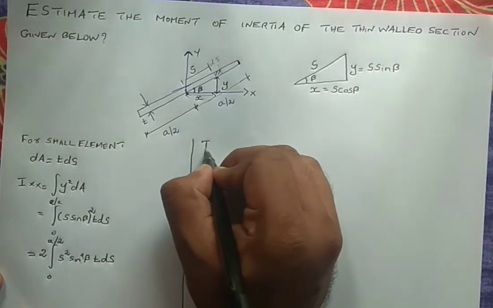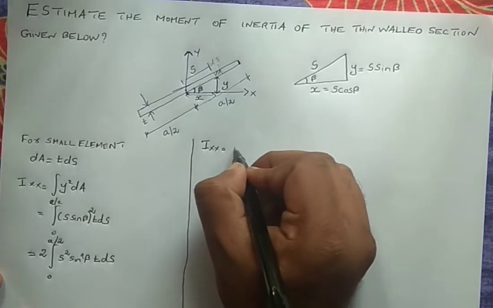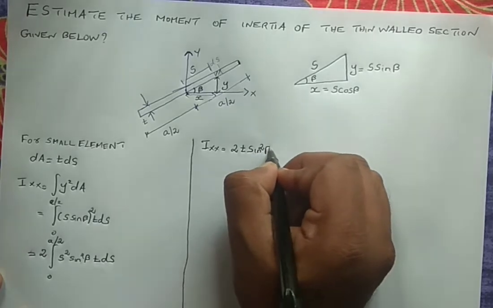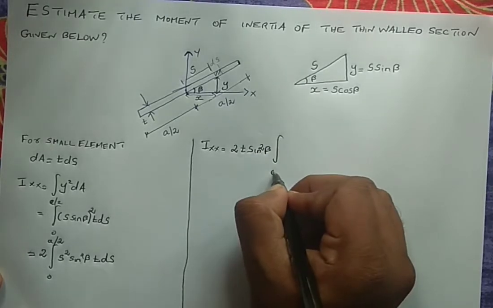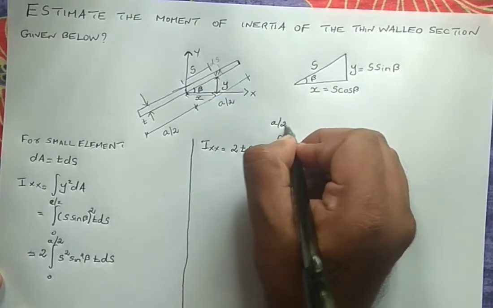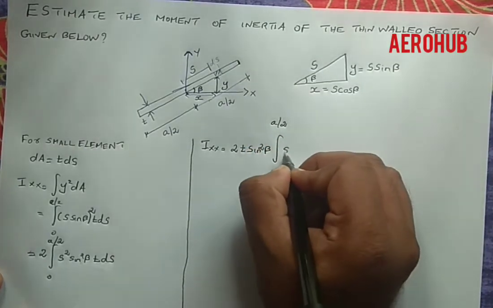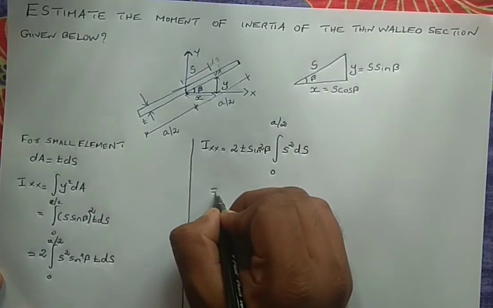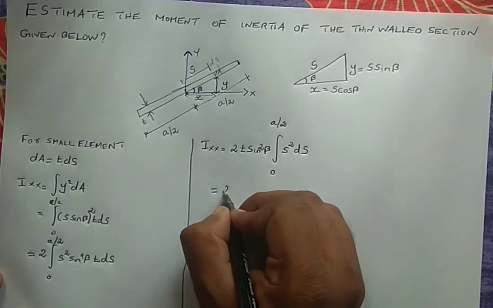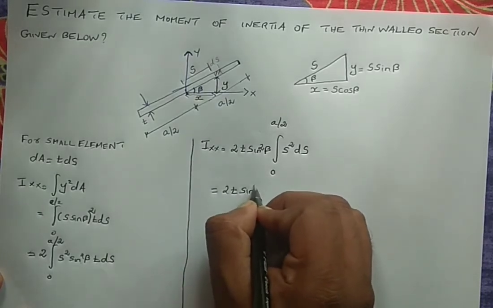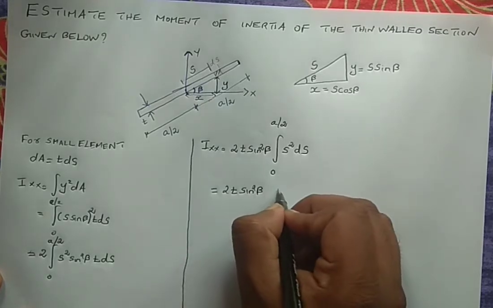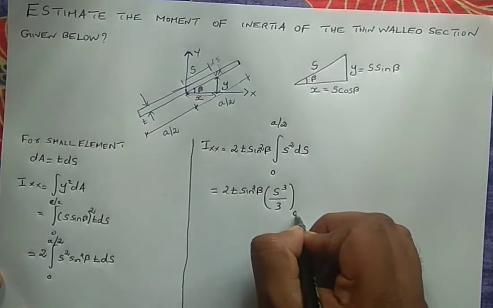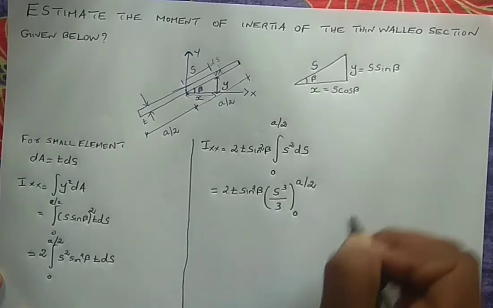So Ixx is equal to 2 T sine square beta times the integral from 0 to a by 2 of s square ds. Now we can integrate this equation. The integral of s square ds is s cube by 3, substituting the limits 0 to a by 2.